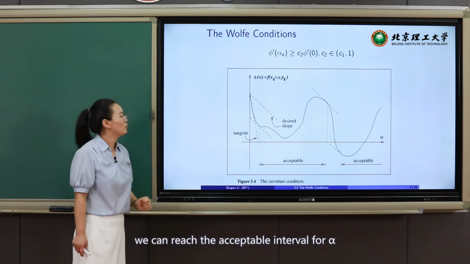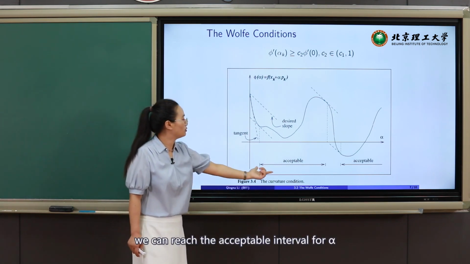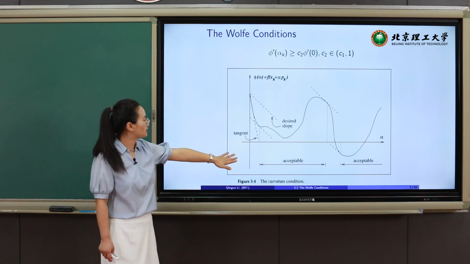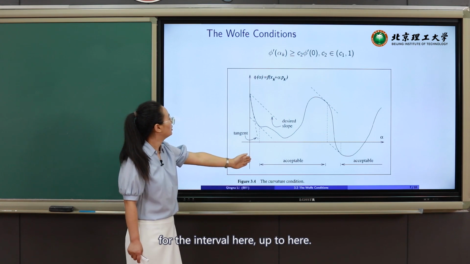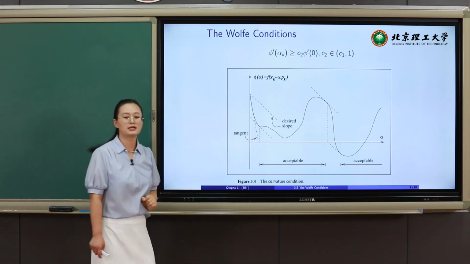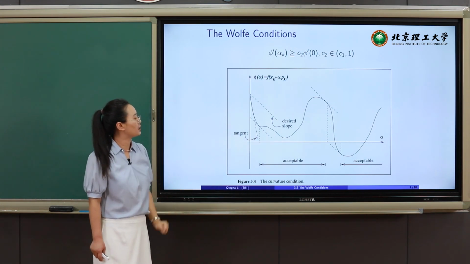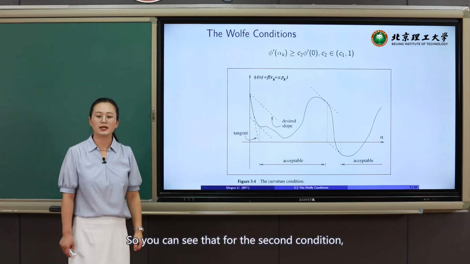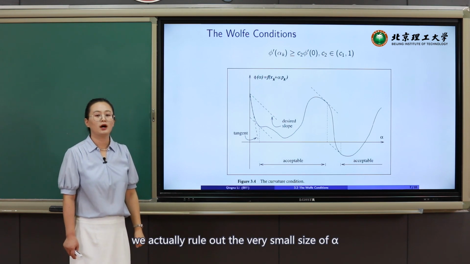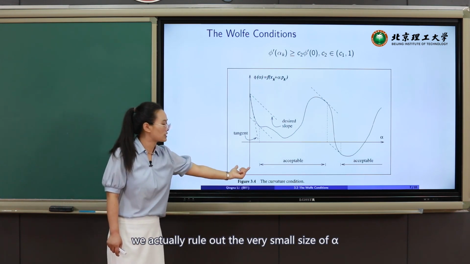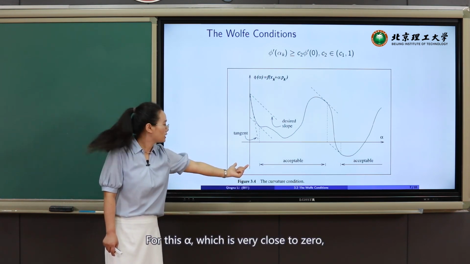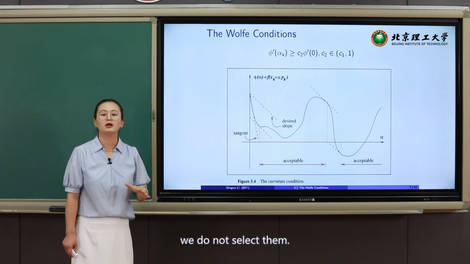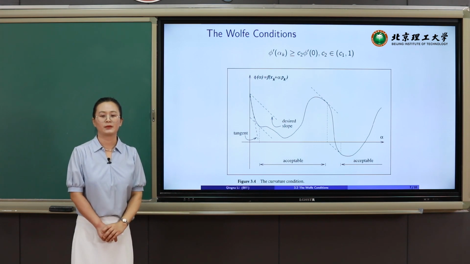So finally, we can reach the acceptable interval for alpha for the second condition like this, for the interval from here up to here. Another interval is over there. So you can see that for the second condition, we rule out the very small sizes of alpha, which are very close to 0. We do not select them.